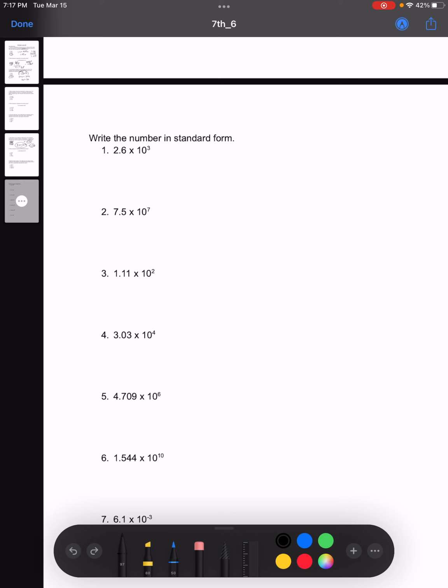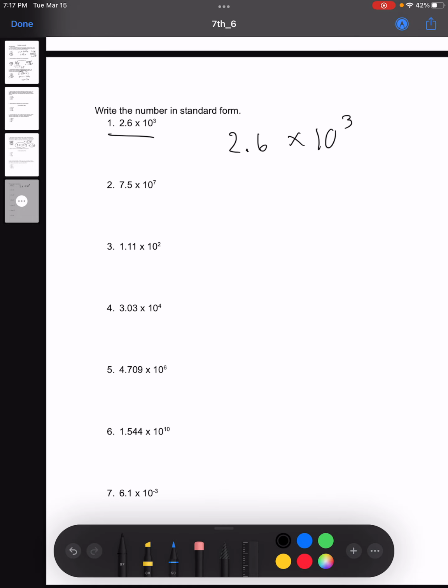An easy way we can solve these kinds of problems is to look at it in a different way. Say for the first one, we have 2.6 times 10 to the 3. Whenever you have a multiplication symbol and you're multiplying by 10 to some power, this could be 10 to the 5 or 10 to the 999.